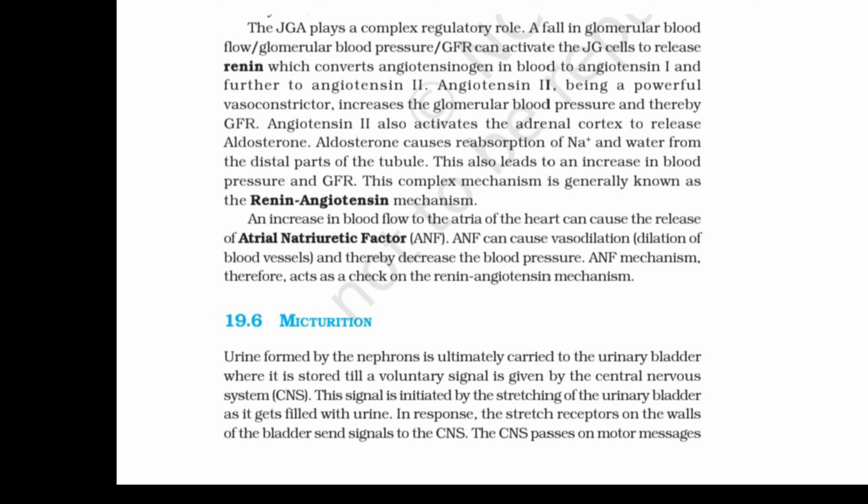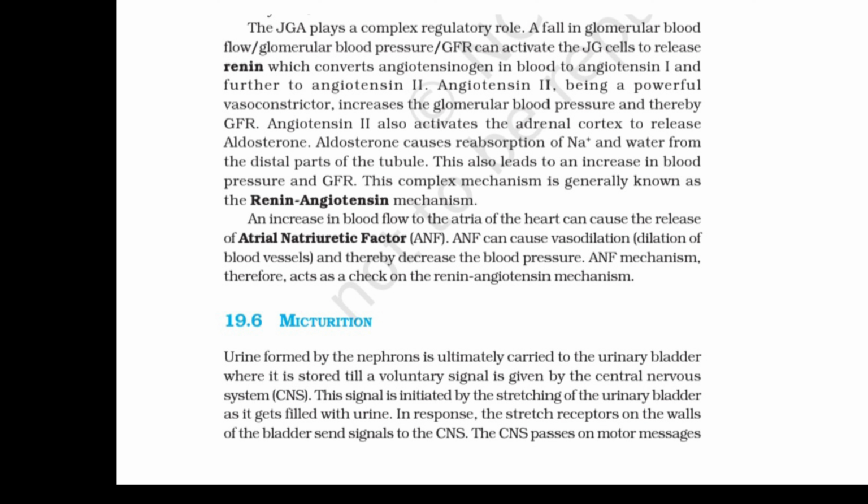16.6 Micturition. Urine formed by the nephrons is ultimately carried to the urinary bladder, where it is stored till a voluntary signal is given by the central nervous system, CNS. This signal is initiated by the stretching of the urinary bladder as it gets filled with urine.